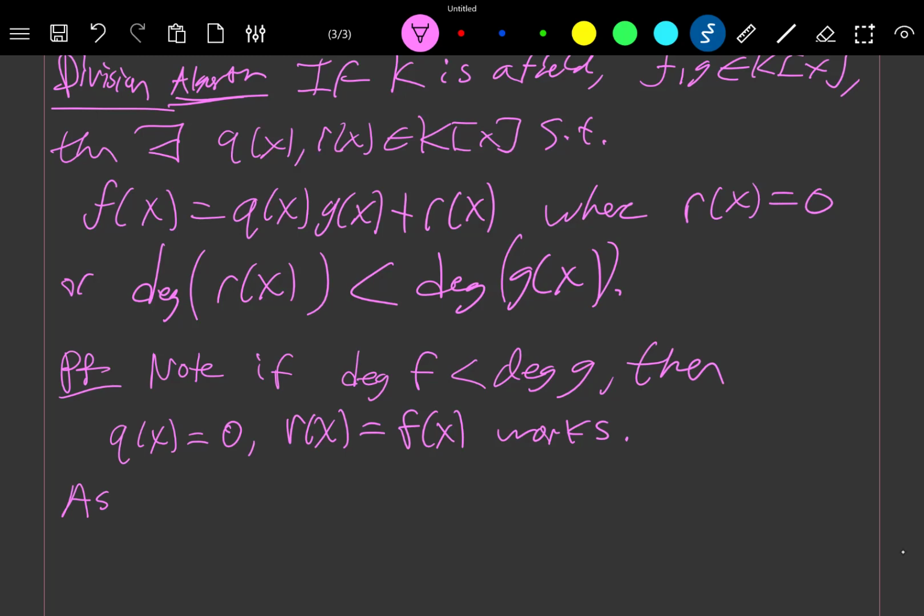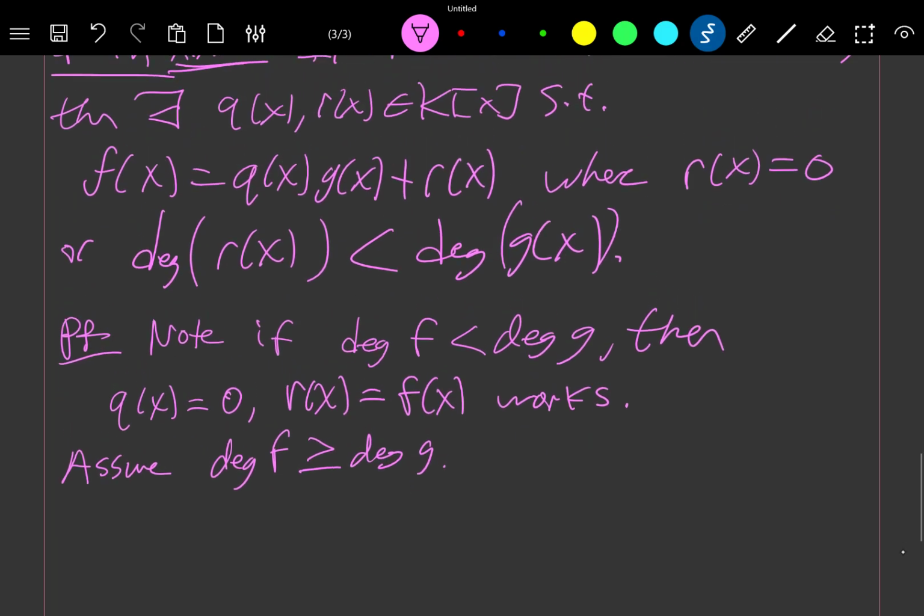So let us assume that the degree of f is greater than or equal to the degree of g.